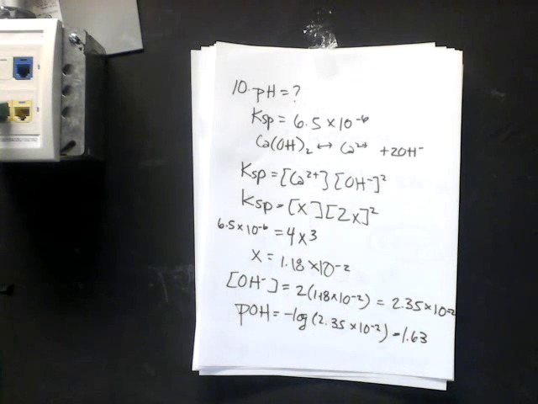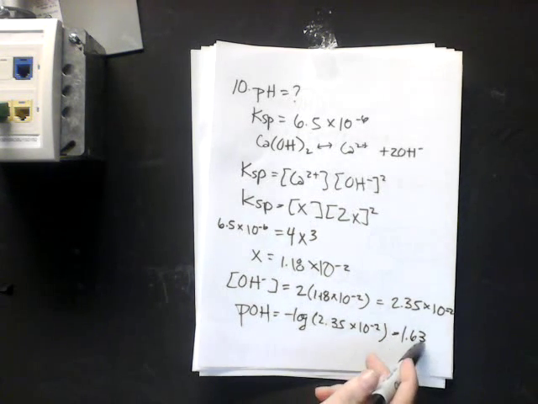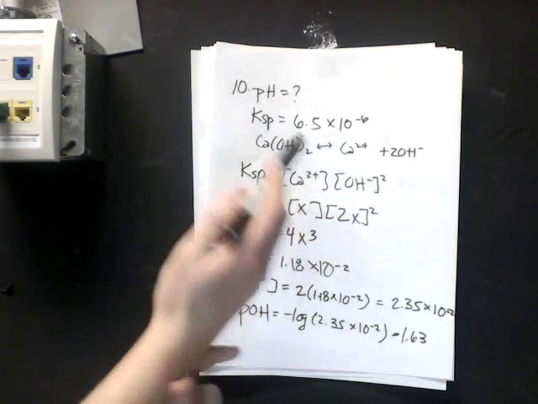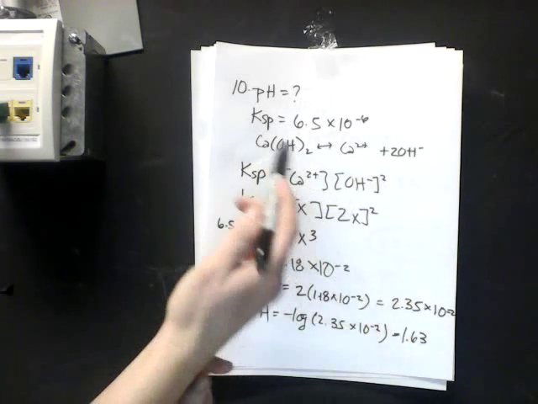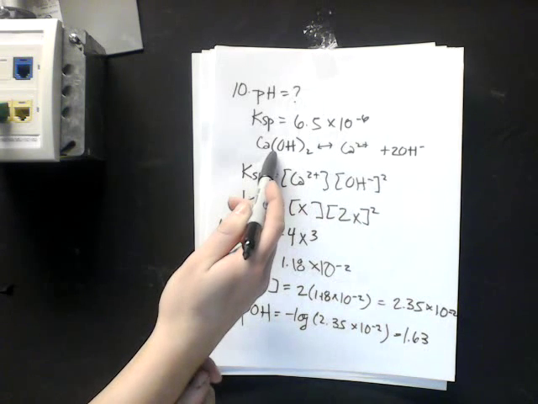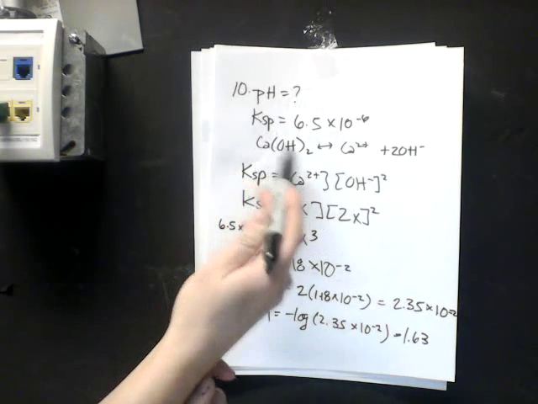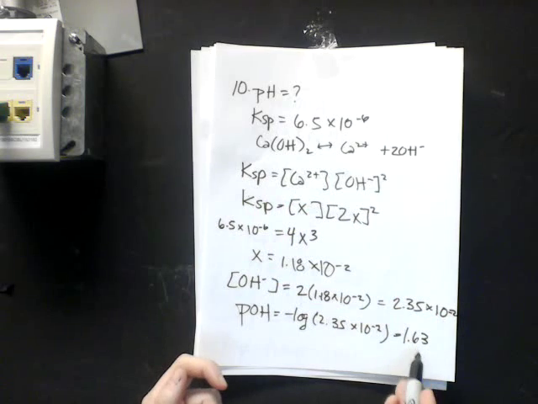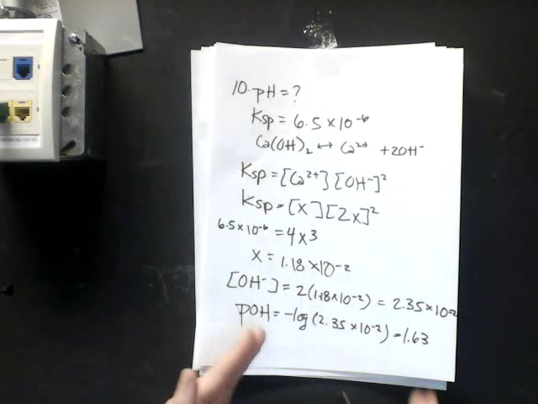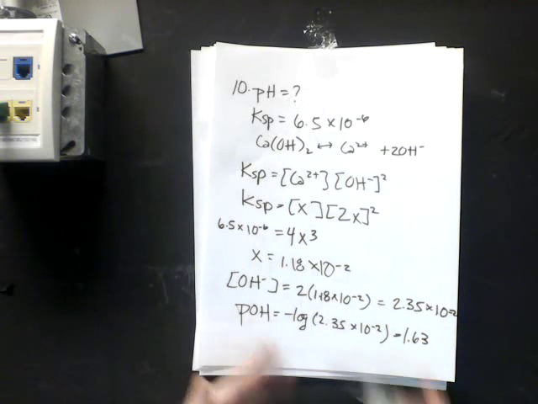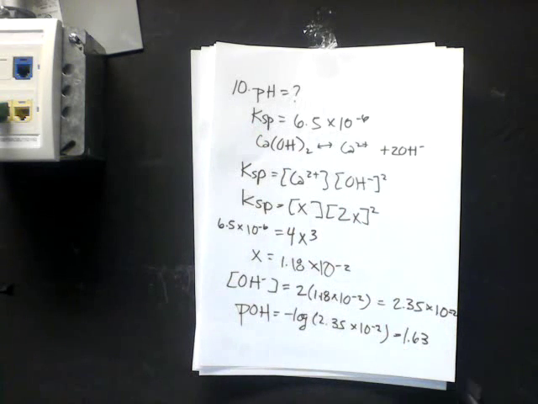You should notice that if I'm getting an answer of 1.63 and my molecule is a base, that shouldn't seem right. pH for bases is between 7 and 14, so this should be in between those values.